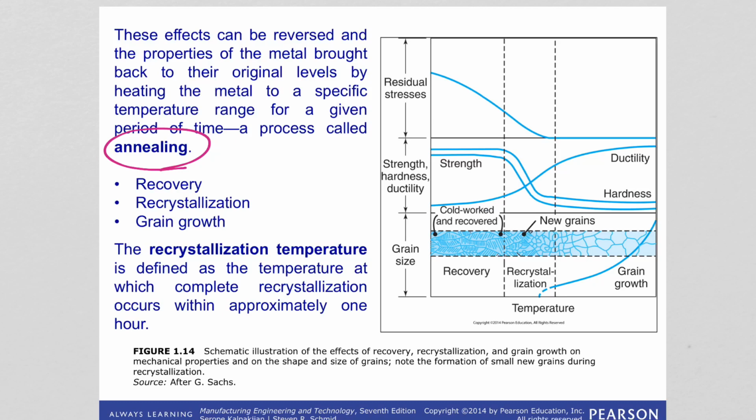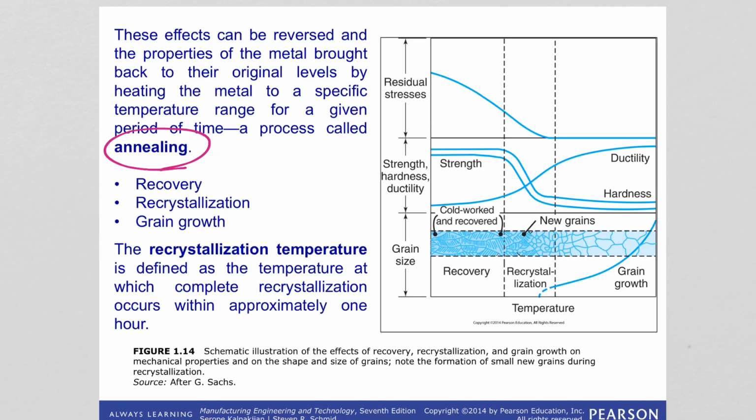So you cannot keep working on the same material over and over again. Therefore in manufacturing, once you work on the material, you also need to reverse these effects if you want to keep shaping the material, because the material will become brittle. You cannot continue changing the shape.